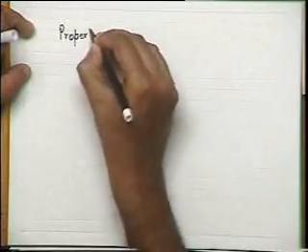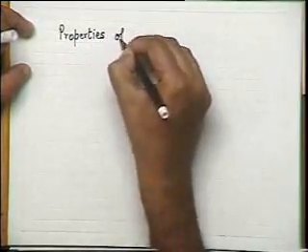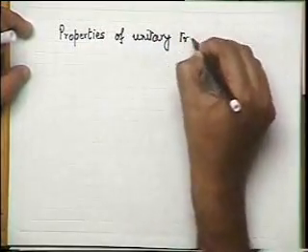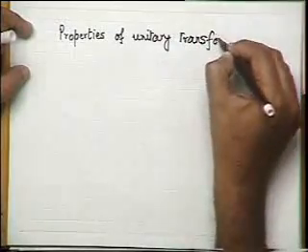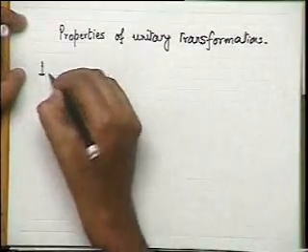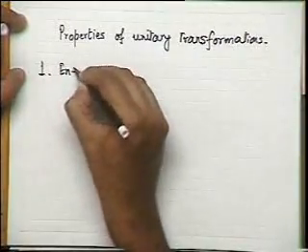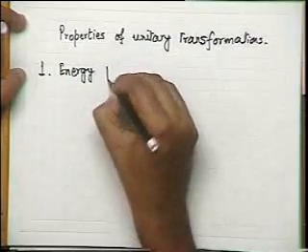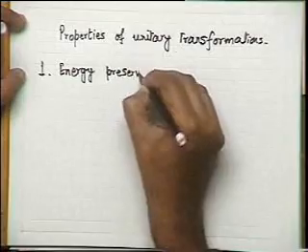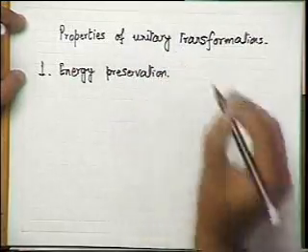Now the first property of unitary transformation is the property of energy conservation, or energy preservation, I can say. Now, what is this? Let me explain.